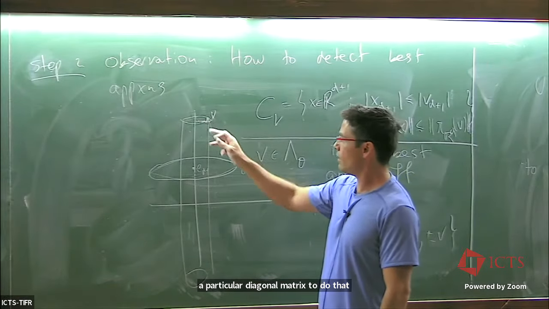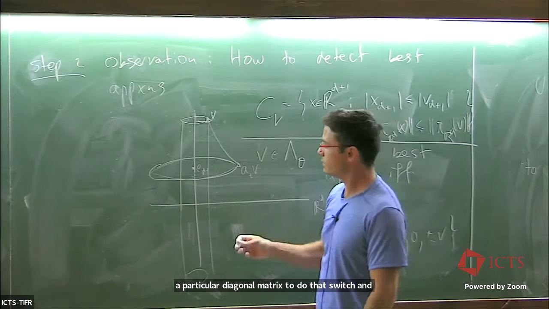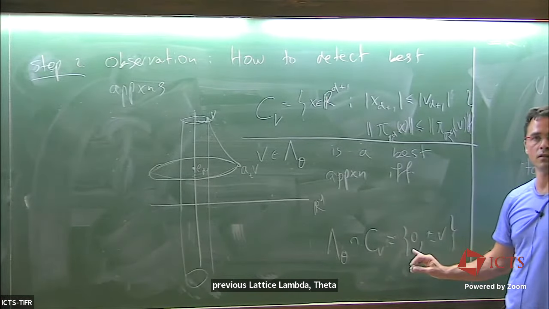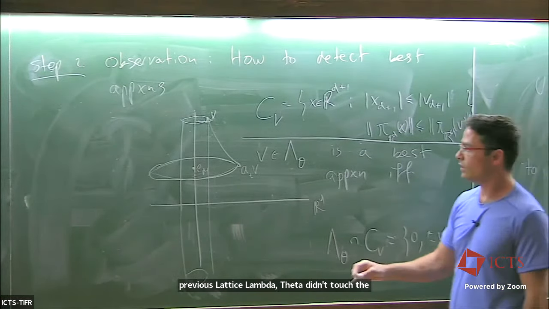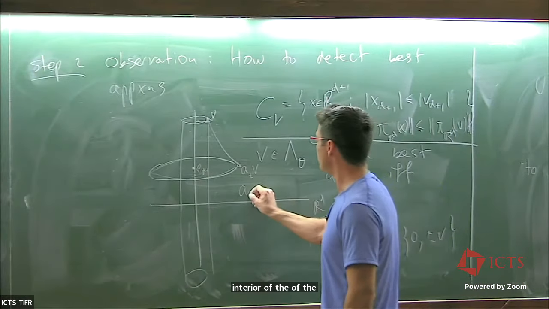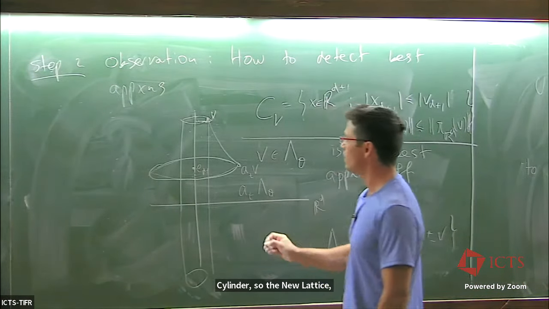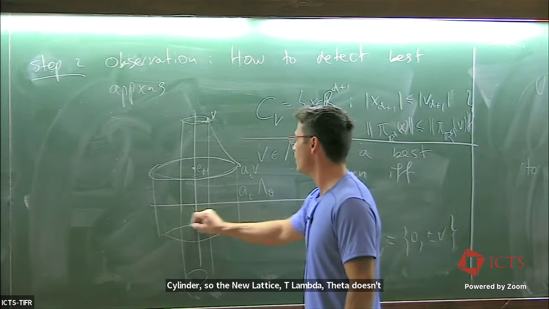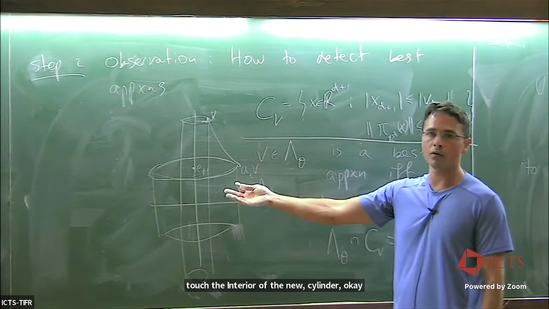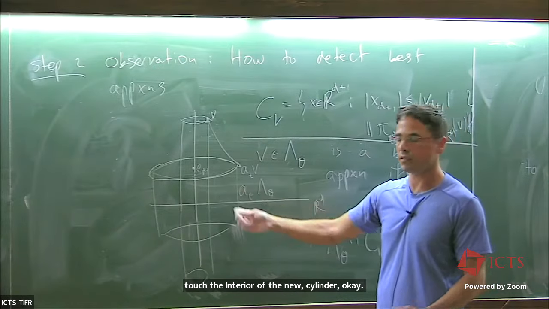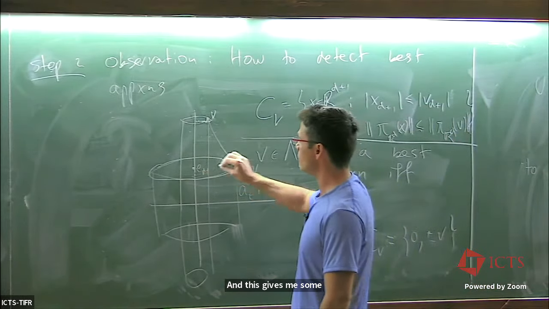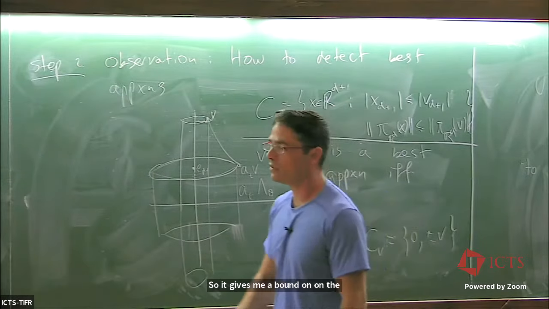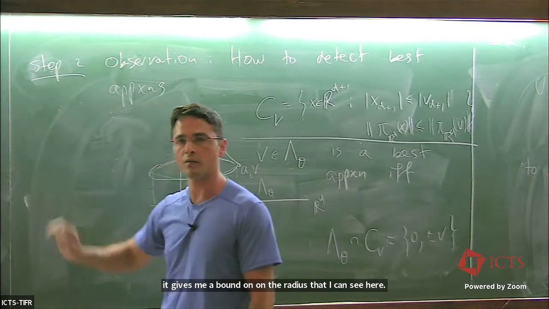The previous lattice, lambda theta, didn't touch the interior of the cylinder. So the new lattice, A_t lambda theta, doesn't touch the interior of the new cylinder. This gives me a bound on the volume of the cylinder, so it gives me a bound on the radius that I can see here. And this is the R node from the statement of the theorem.